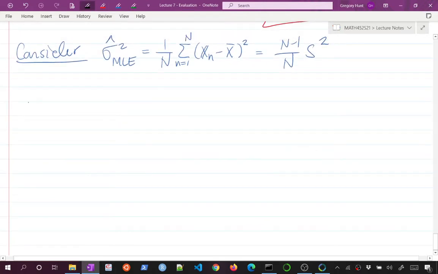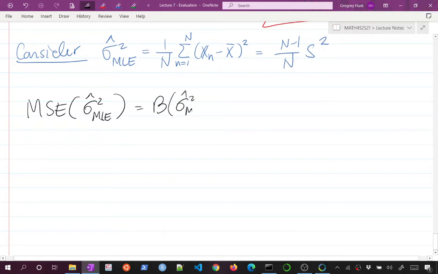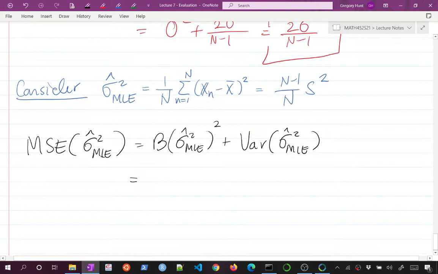So let us figure out what the MSE of sigma squared hat MLE is. It's going to be the bias of sigma squared hat MLE squared plus the variance of sigma squared hat MLE. Okay, let's just calculate these things. So the bias of sigma squared hat MLE is, how do we want to calculate this?